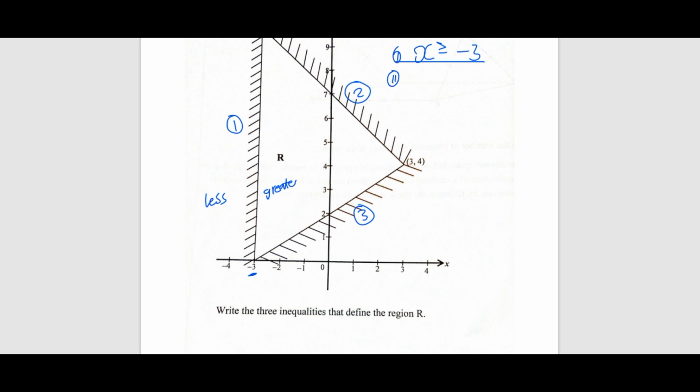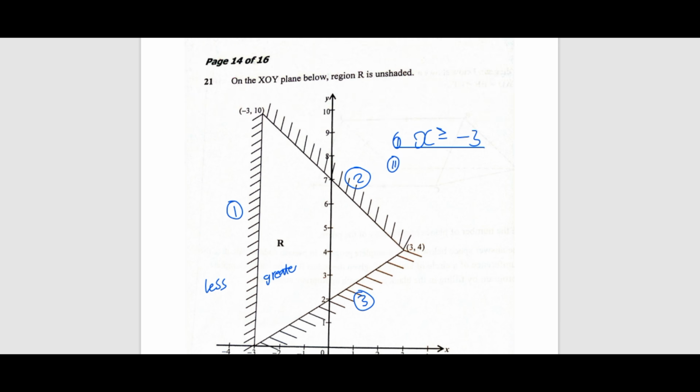Then let's look at the second inequality. We have been given the coordinates. So it's -3, 10. Then the other one, this point here, it's 3, 4.